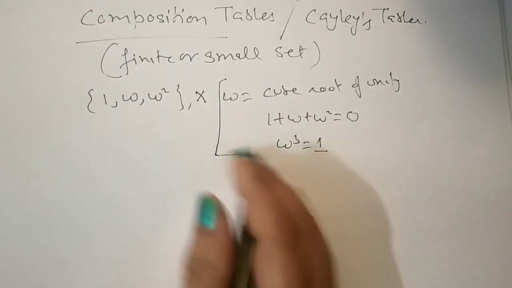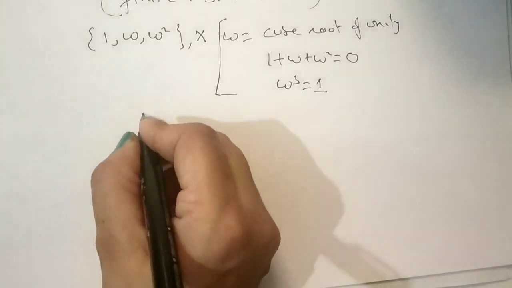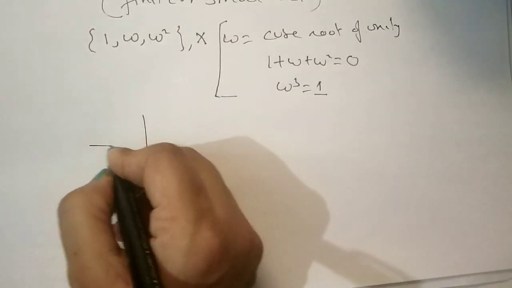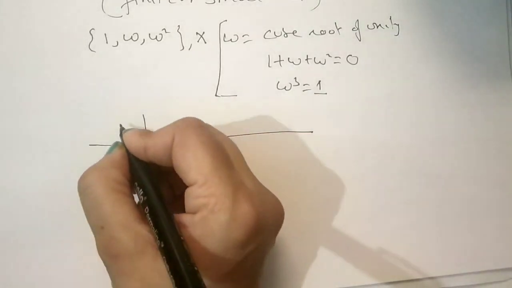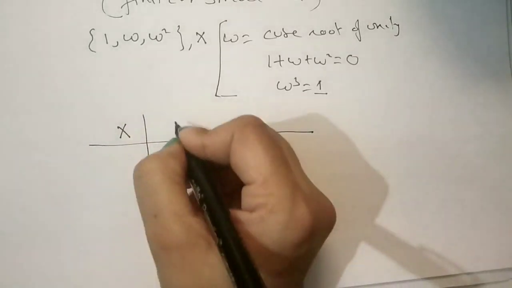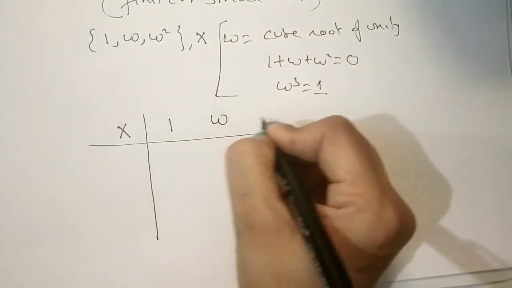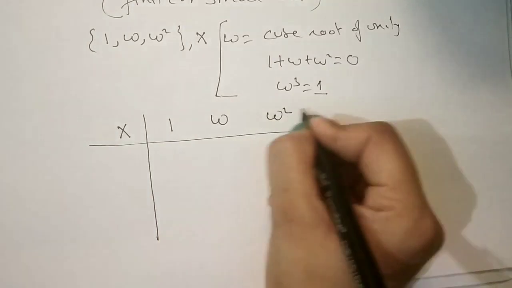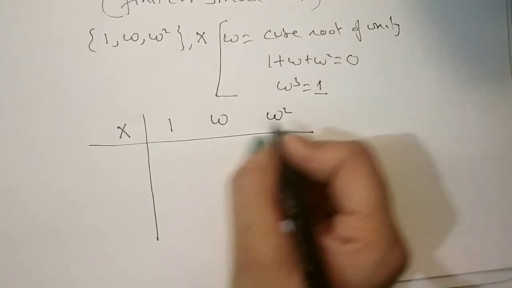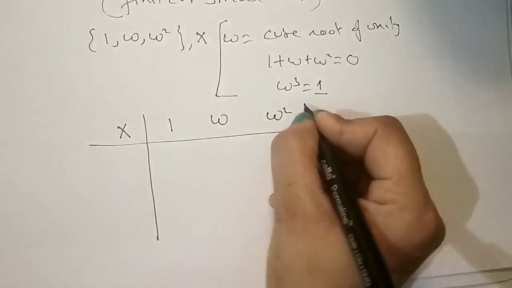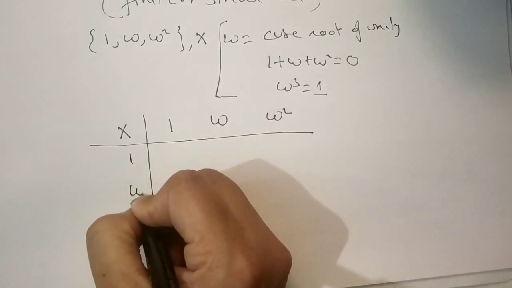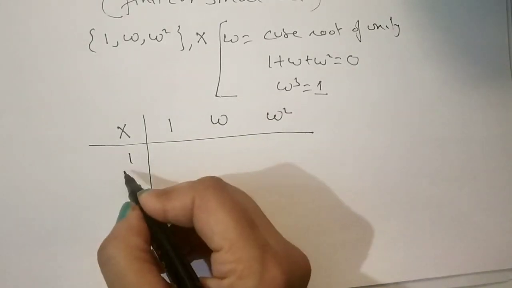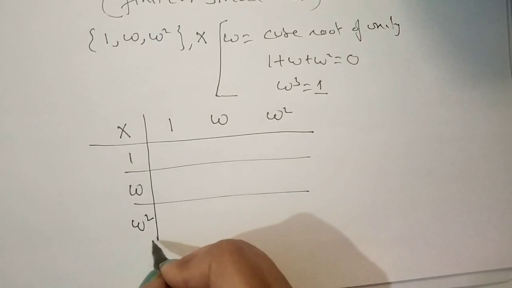So for making a composition table, you have to start making the table like this, writing here the multiplication. Now the elements 1, omega, omega square on this column and on this row, and also column wise. Now we make this table by making the grids.